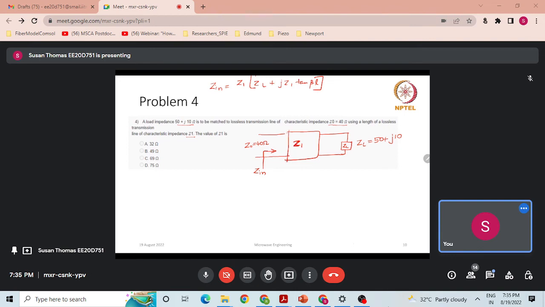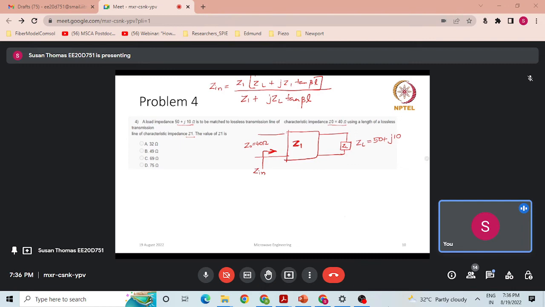So please note that this is Z1, but there we have denoted it like Z0. So please don't confuse. So this is the characteristic impedance looking into this terminal, and this is the load. So Z1 into ZL plus jZ1 tan beta L divided by Z1 plus jZL tan beta L. Okay. Now this is given to us.